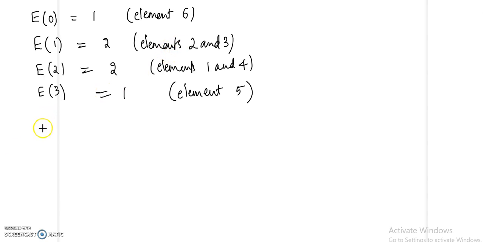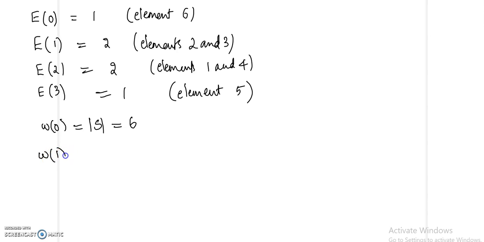Now let us look at the values of omega 1, omega 2 up to omega 3. Omega of 0, by definition, we have defined to be the cardinality of S, so omega of 0 will be 6.